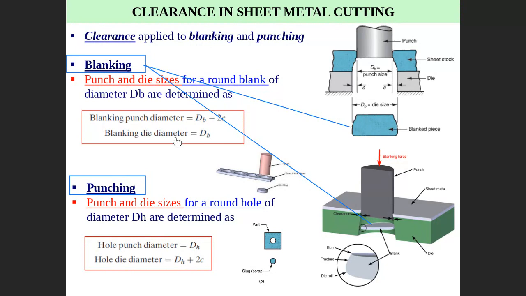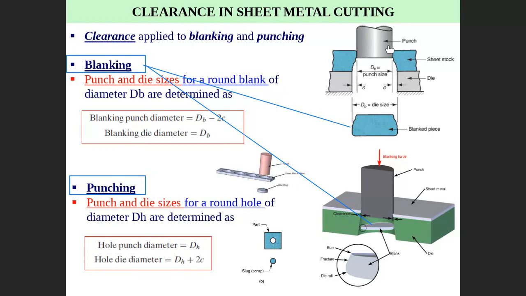Die diameter equals the blank diameter. For example, if I would like to create a blank with 150 millimeter diameter, then die diameter is 150 millimeter. I must adjust the die diameter to 150 millimeter, so finally you can get a blank diameter of 150 millimeter.